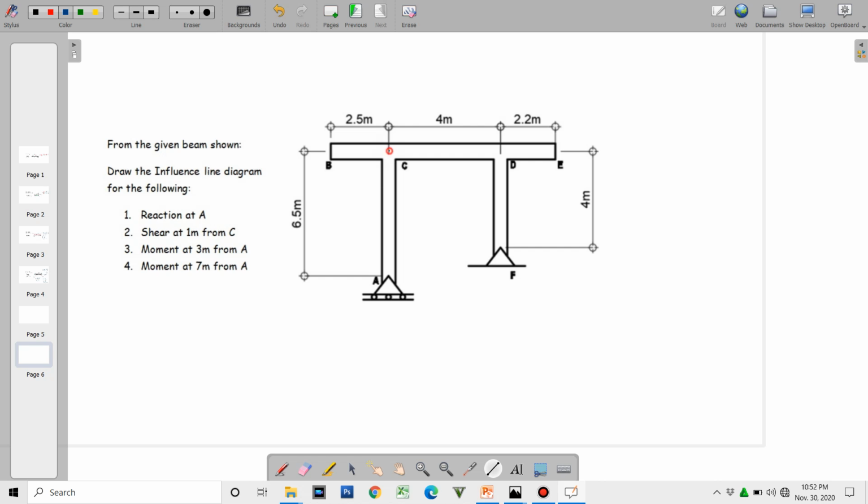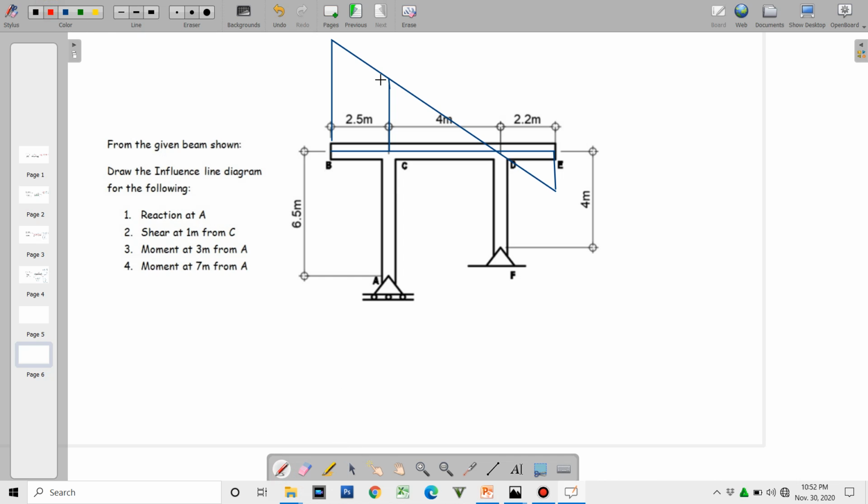Say from A, just have to move it by a single unit, and it will be restrained along D, A, so there will be a vertical movement on the overhang as well as along D. So this will be the influence line diagram for reaction at A.